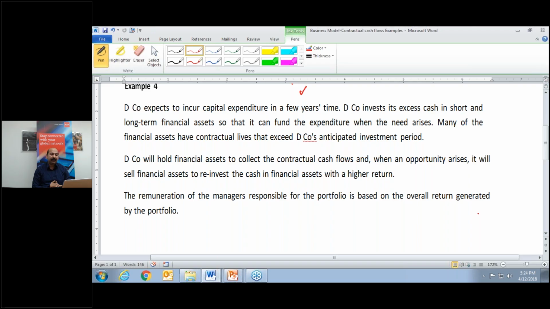Make it simple. Is the business model under IFRS 9 being achieved? Listen to the small scenario carefully. E company expects to pay a cash outflow in 10 years to fund capital expenditures and invests excess cash in short-term financial assets. When the investments mature, E company reinvests the cash in new short-term financial assets.